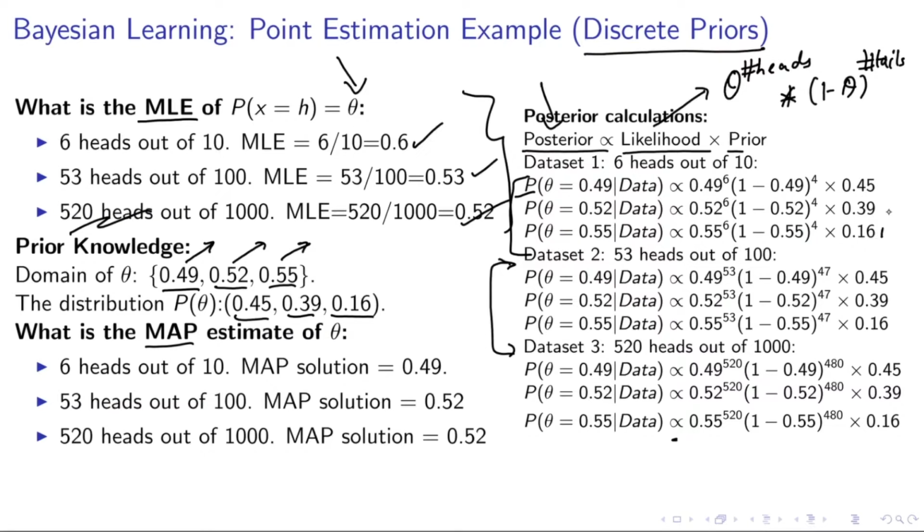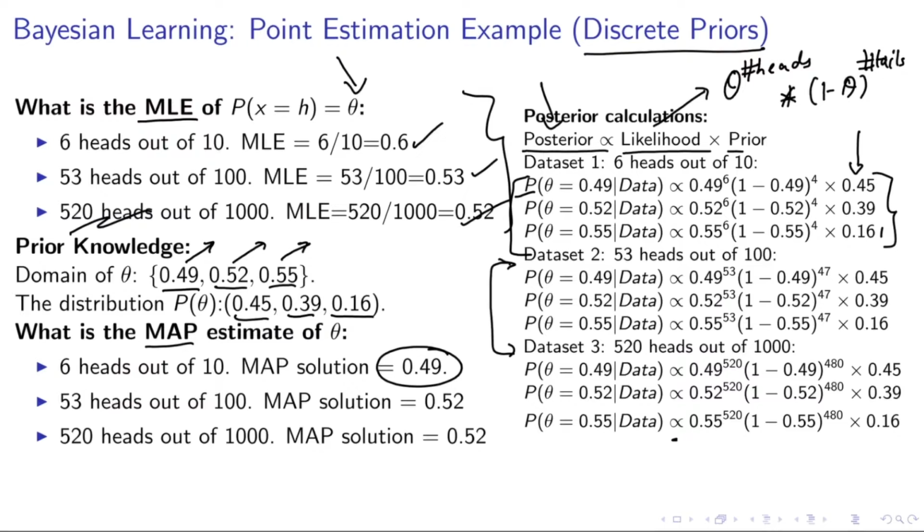This is the posterior distribution, and MAP is nothing but the value of theta such that the posterior is maximized. If you look at this posterior distribution, you can do these calculations at your own leisure, and you can figure out that actually 0.49 is the dominating solution.